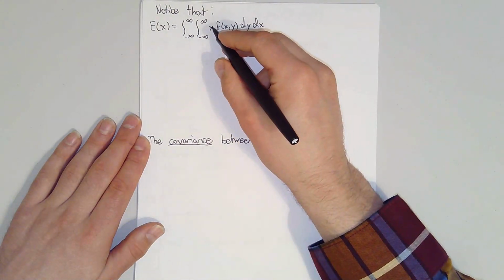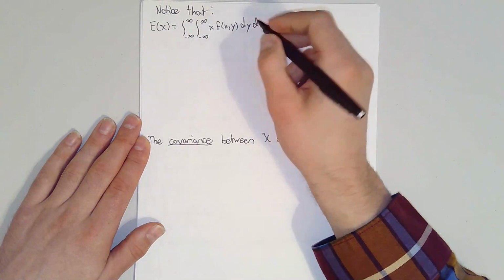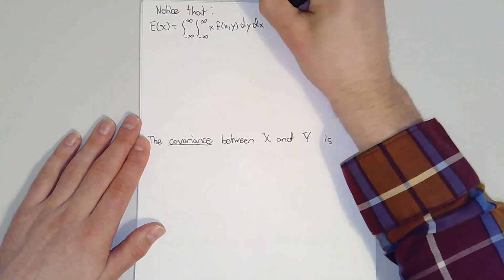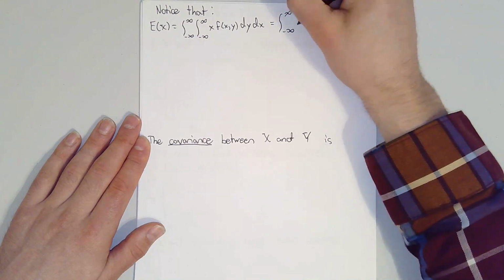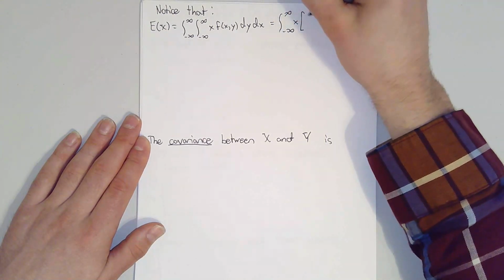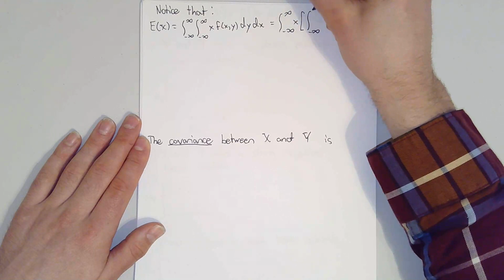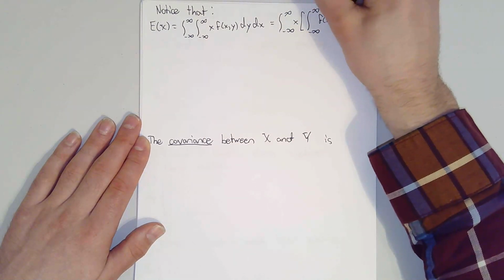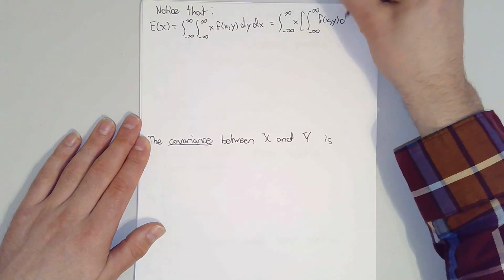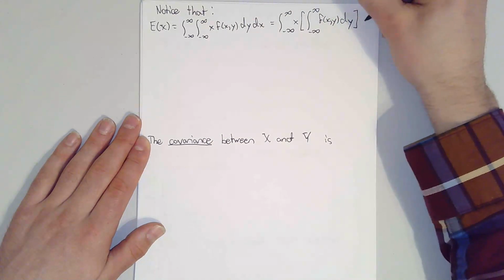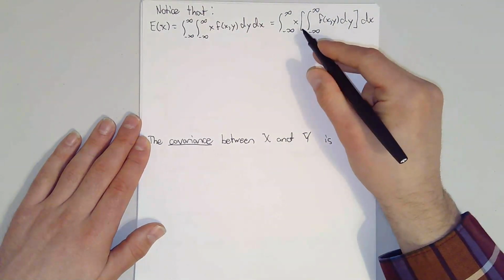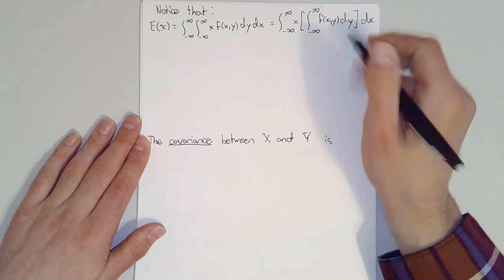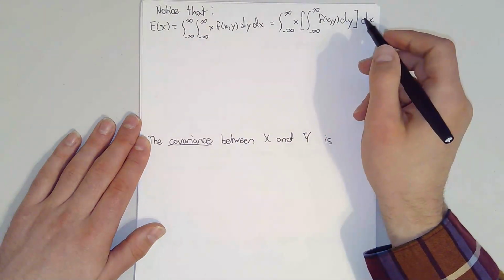Well, since this is just x here, I can pull the x outside of the inside integral. And by definition, this inside integral here, so this double integral results to the following.